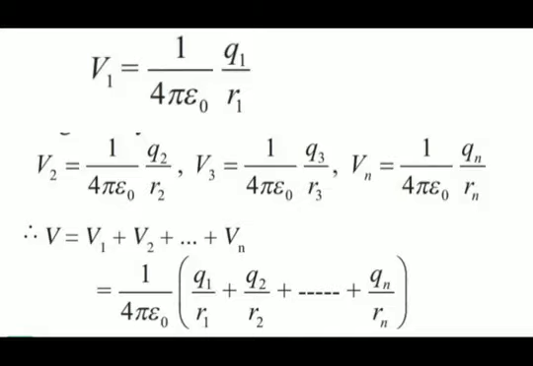So we can substitute all these values. If you observe these formulas, you will see that 1 upon 4 pi epsilon naught is common throughout all these equations, so we can take it out of the bracket. So the final potential is 1 upon 4 pi epsilon naught times Q1 upon r1 plus Q2 upon r2 plus Q3 upon r3 up to Qn upon rn.